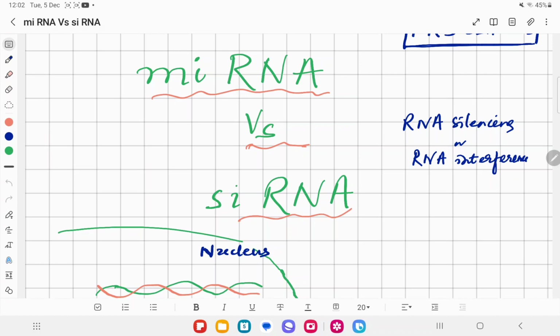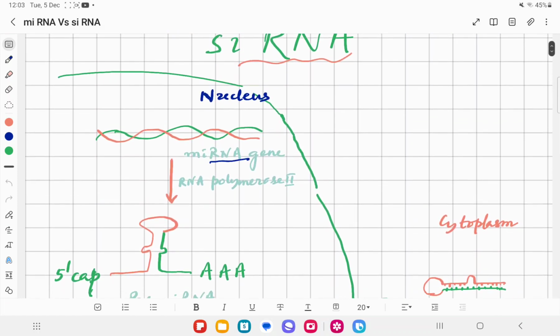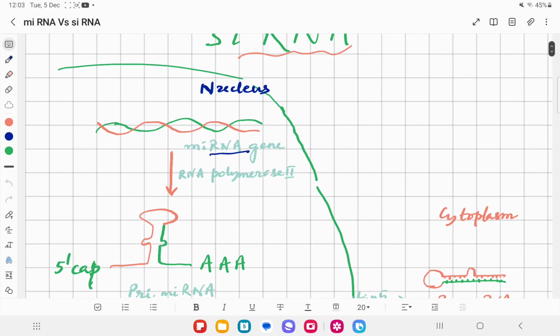As we know, the coding RNA is messenger RNA, which has the genetic codes for protein synthesis, and the non-coding RNAs can be the housekeeping RNAs like tRNA and ribosomal RNA. And these are the regulatory non-coding RNAs, microRNA and siRNA. Before discussing the difference between these two, let us discuss how they function.